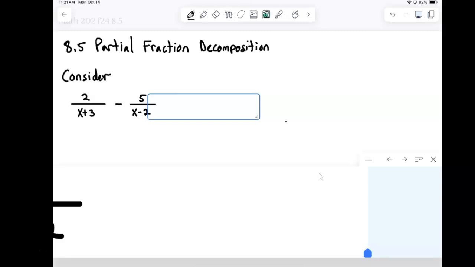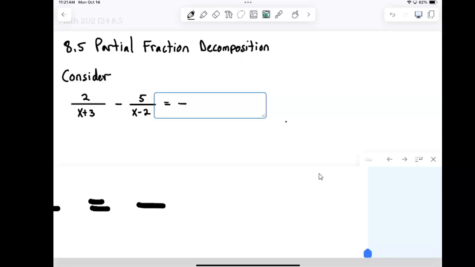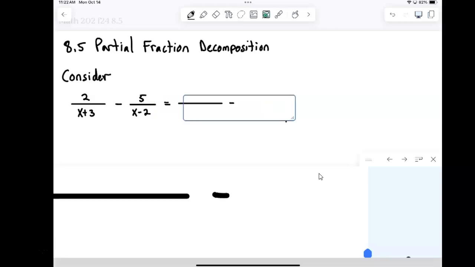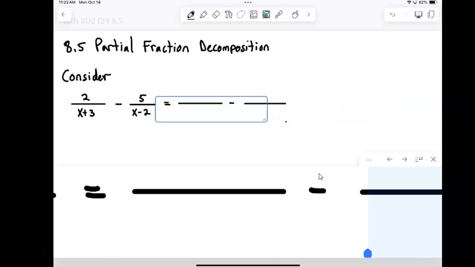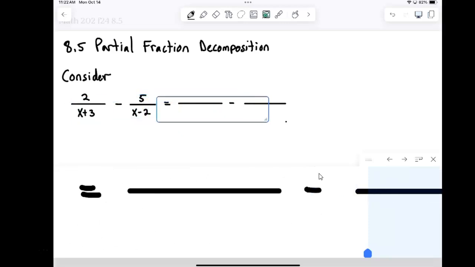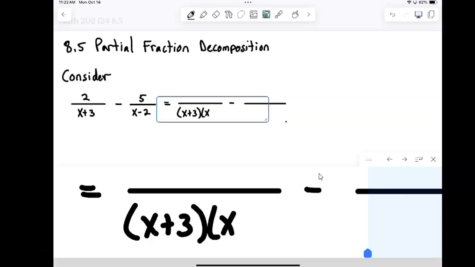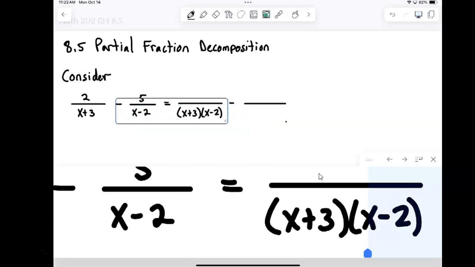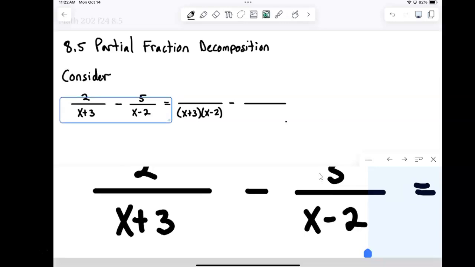Okay, so of course, to do that, we would need to build our common denominators. Right, so that would, of course, in this case, be just those two denominators, x plus 3 and x minus 2. So in the first fraction, I already have the x plus 3 factor.